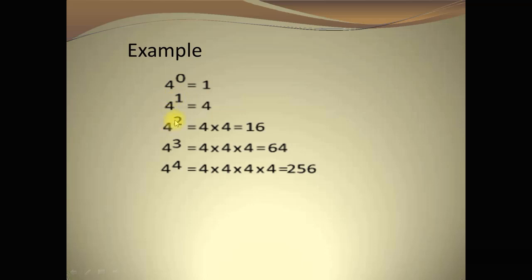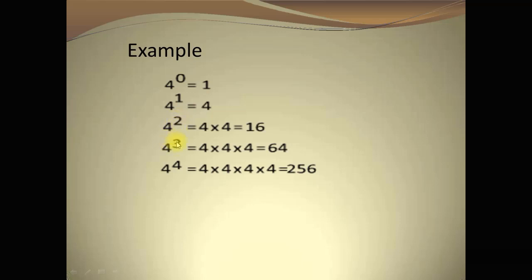Similarly, 4 power 2 means 4 multiplied 4 which is equal to 16. 16 is the value of this exponential form. 4 power 2 is also called exponential form. In this exponential form 4 is base and 2 is power.